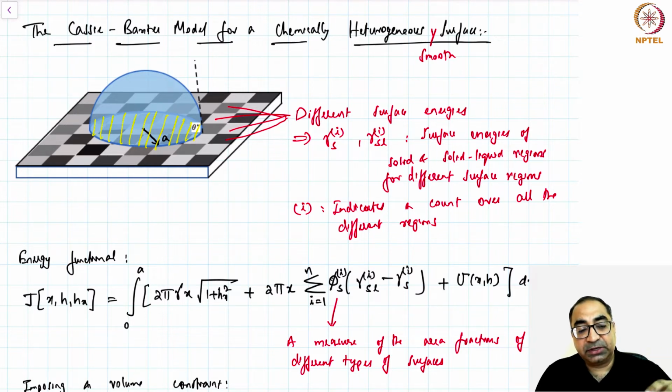And when the drop is sitting on the smooth surface, we also have to take into account what percentage of the area is covered by a certain type of chemical heterogeneity. That's modeled with phi_s^i, where the superscript i represents the number of such chemical heterogeneities that are present in the system.